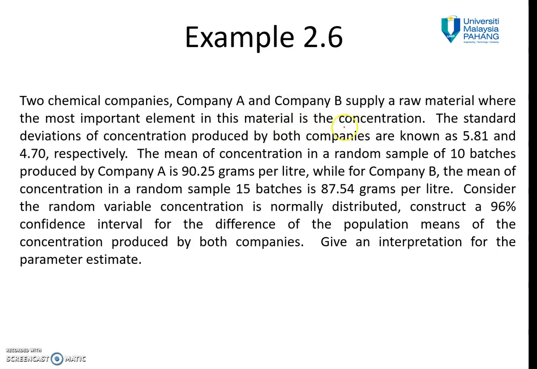So from the first sentence, you know the variable that you are concerned with is concentration, and then you have company A and company B. The standard deviation of concentration produced by both companies are known as 5.81 and 4.70.